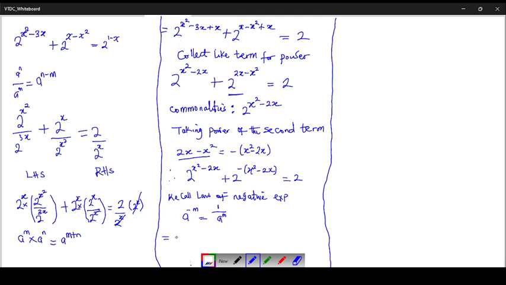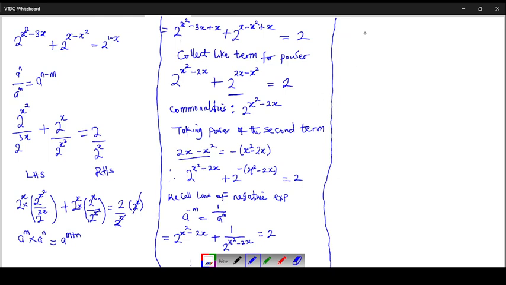So I have here 2 raised to the power of (x² − 2x) plus the reciprocal of 2 to the power of (x² − 2x), all equal to 2.